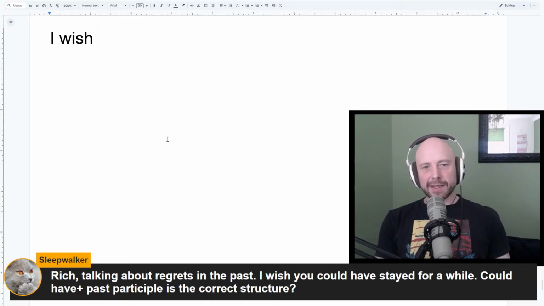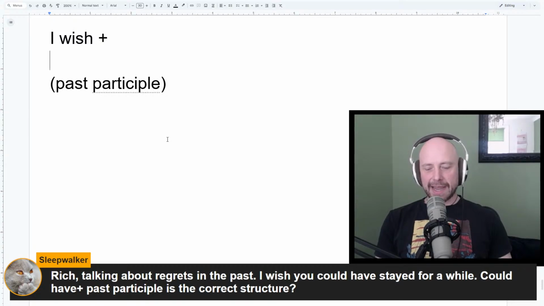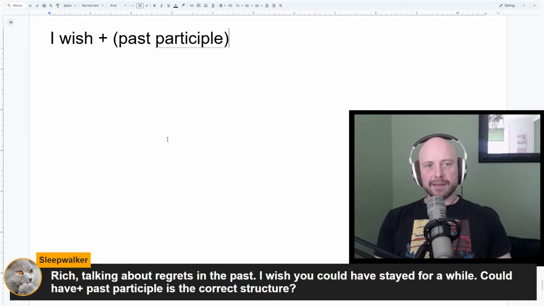There's some quite special rules for using it. Certainly could have is a possibility, but also past participle is another one. Past participle is actually probably the standard one, right? So I wish you had stayed longer.